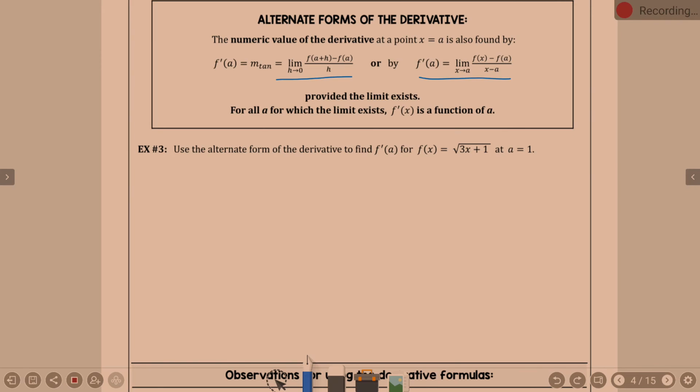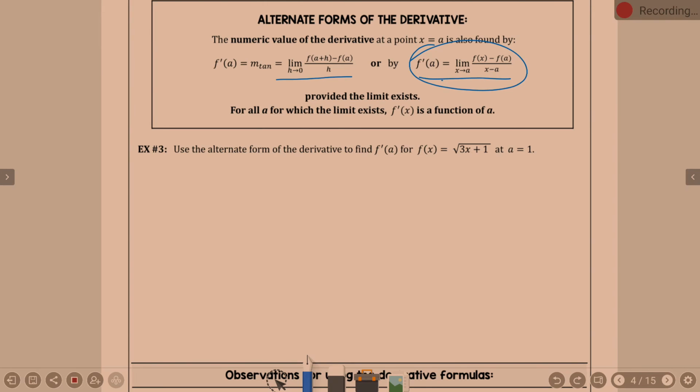Okay, use the alternate form of the derivative to find f prime of a for f of x equals square root of 3x plus 1 at a equals 1. So when we talk about the alternate form of the derivative, we've done that one. We're going to practice with this one. Yeah, we need to do this one, okay? I don't know why she has this listed as alternate form of the derivative because this is just definition of derivative with the a plugged in.